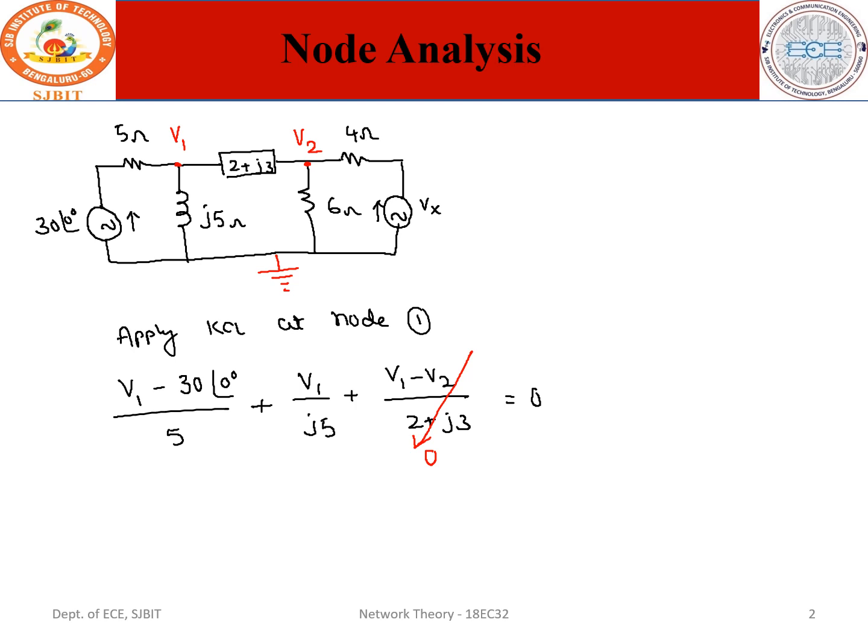The remaining you can write as: take the common factor V1, that is 1 by 5 plus 1 by J5, is equal to 30 at an angle of 0 degree divided by 5, that is equal to 6.